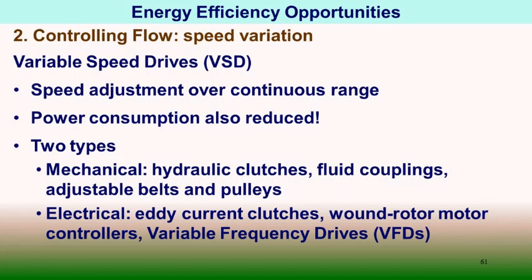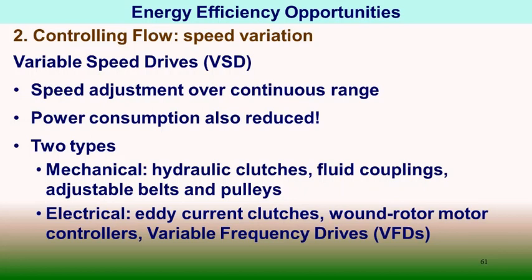Now, most commonly used method to reduce pump speed is variable speed drive. Variable speed drive allows the pump speed adjustment over a continuous range, avoiding the need to jump from one speed to another just like multiple speed pumps. And variable speed drives control pump speed by two types of system.